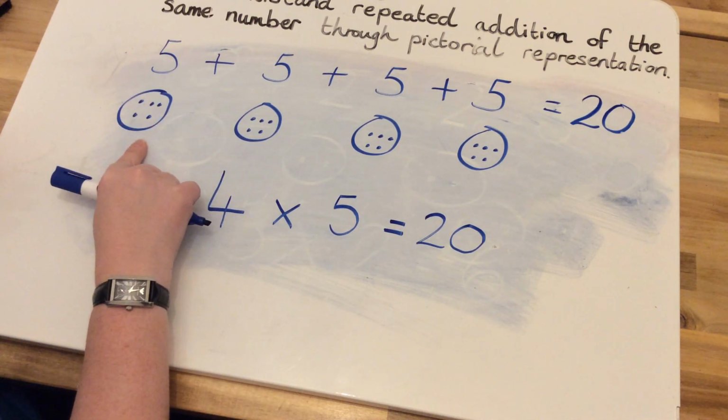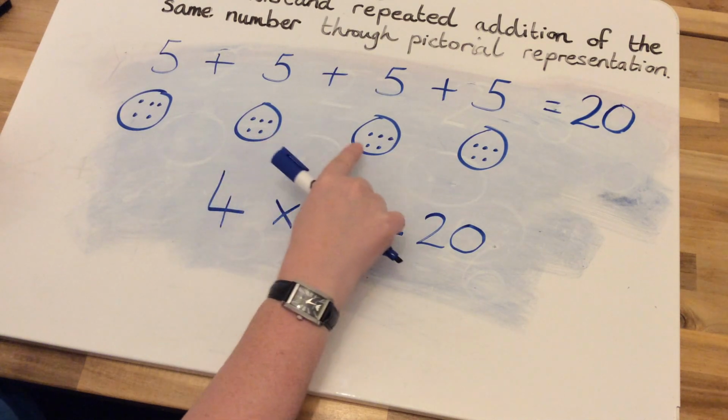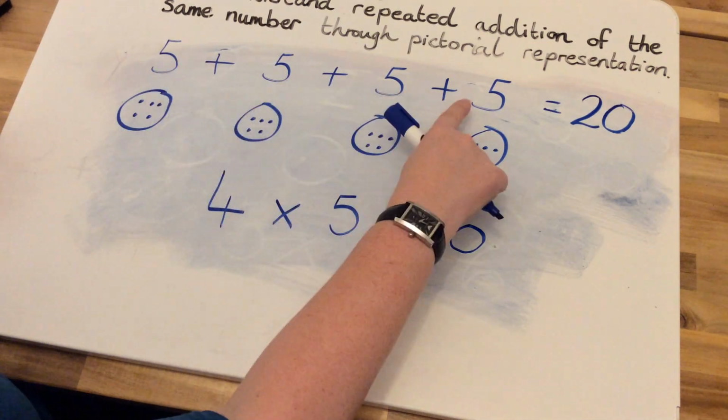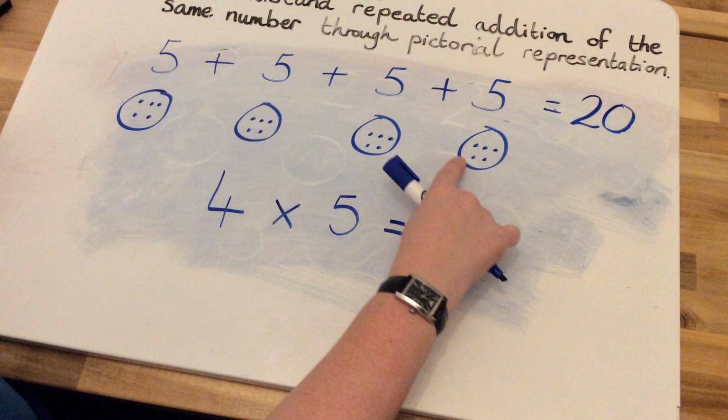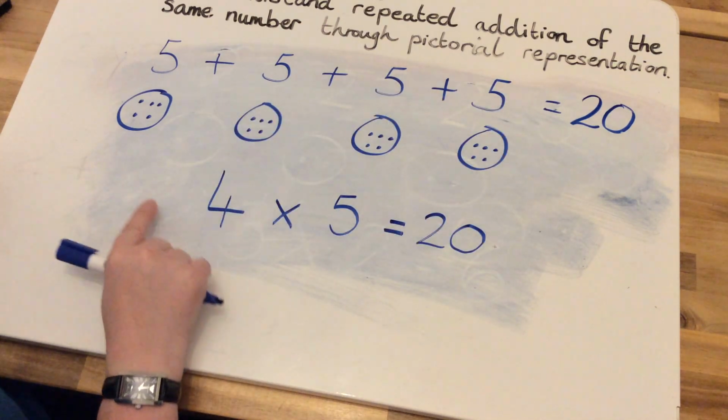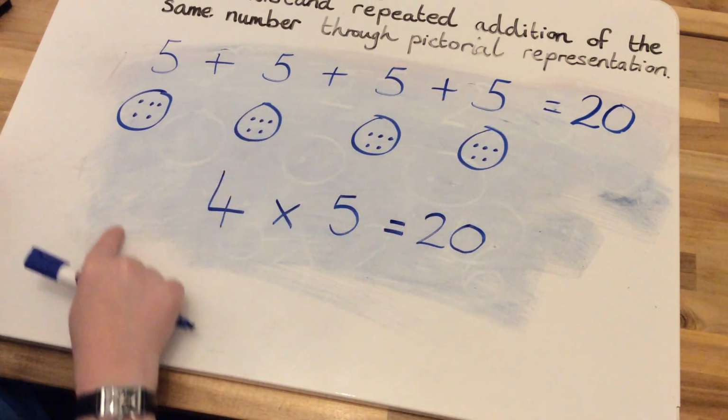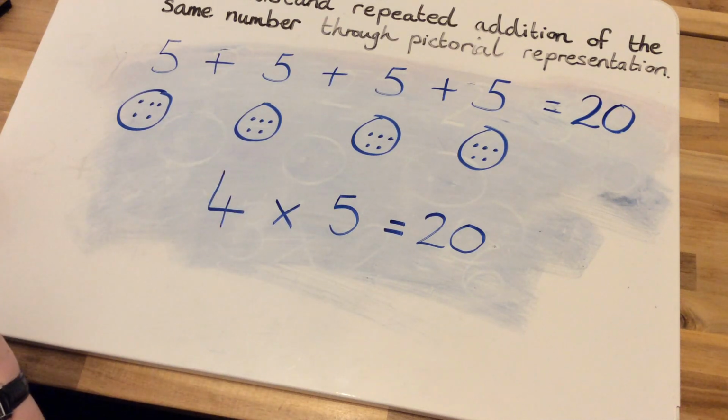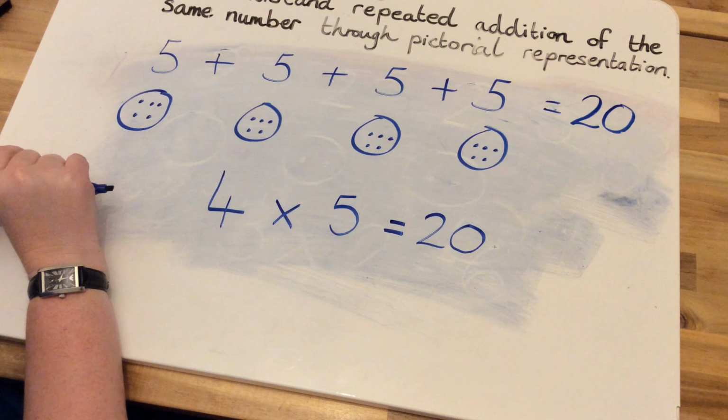So just concentrate today on drawing the pictures to match the sum and using the chocolate chips to help you find your answer. I just showed you that really quickly today, and we're going to talk more about it tomorrow. But it's there as a challenge if you feel you are ready.